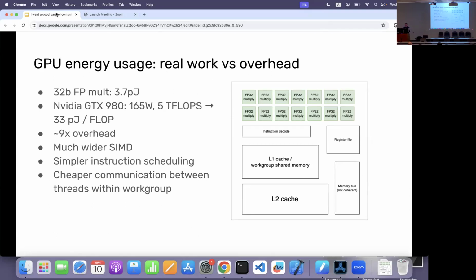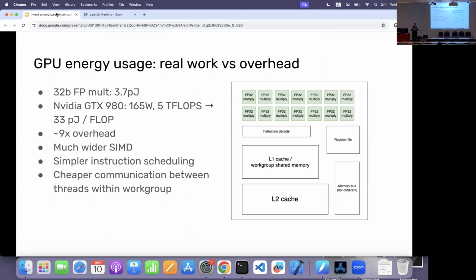And I think the other thing that makes a GPU different than just a CPU with lots of SIMD is that you've got this concept of workgroup. You've got this granularity of computation, which is explicitly exposed to the programmer, that's typically around 256 or 1024 threads. And within a workgroup, you've got synchronization primitives and communication primitives that are very cheap.